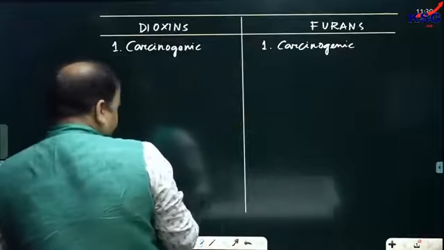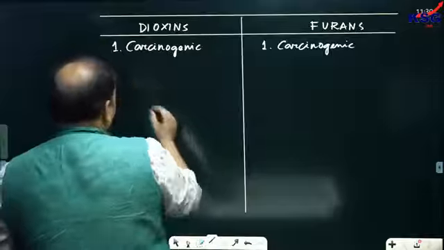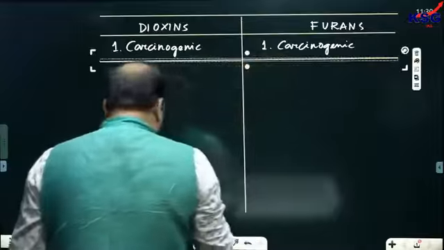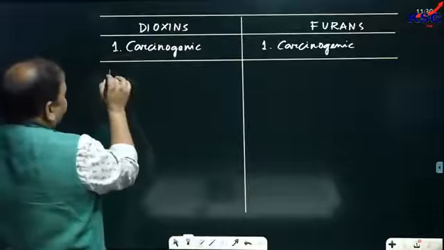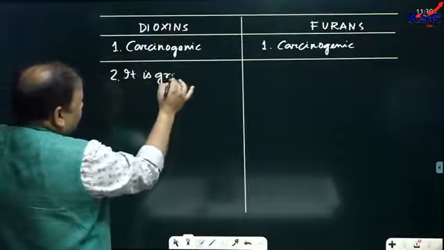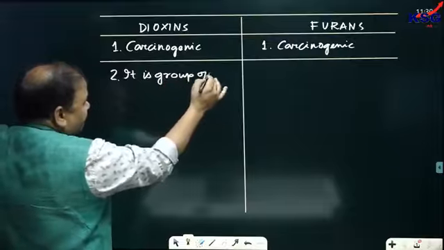And as far as dioxin is concerned, dioxin is a group of 100 odd gases.